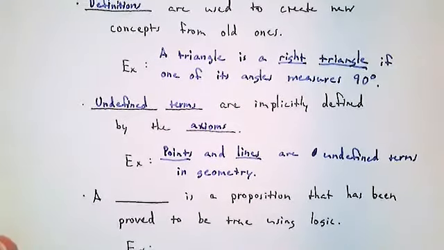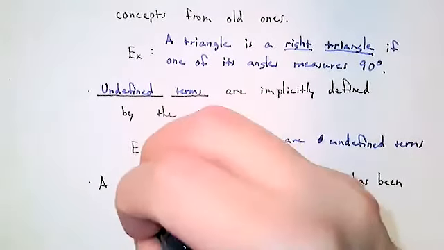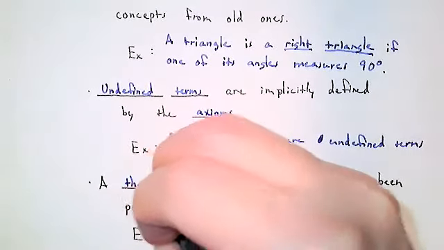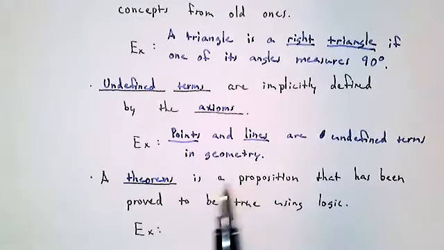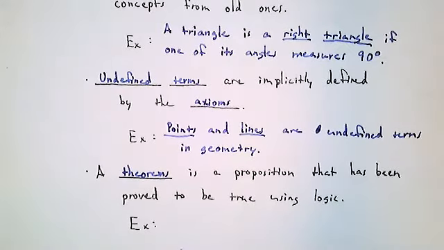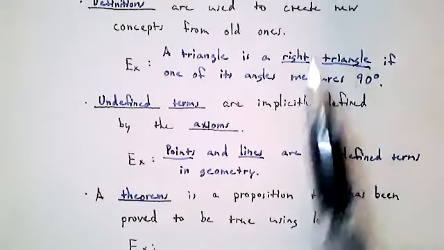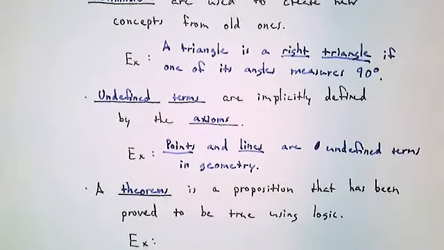We want to figure out what their properties are. And the way that we do that is by creating things called theorems. A theorem is a proposition that has been proved to be true using properties of logic, along with the axioms, definitions, and undefined terms of your mathematical system.